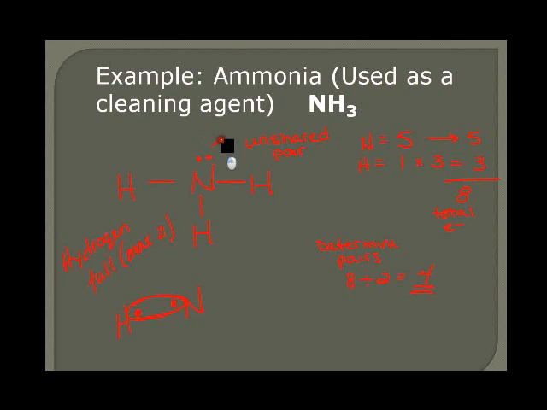So these guys are unshared pairs of electrons. So that's our Lewis structure for ammonia. And again, it doesn't matter where you put those hydrogens. You could have just as easily put the hydrogen on top. That would be acceptable as well.